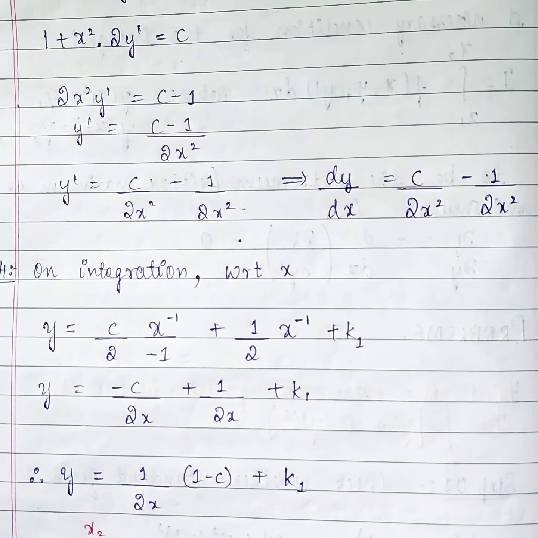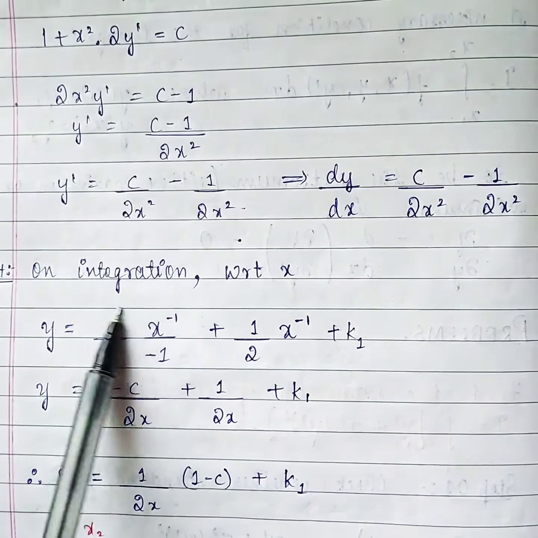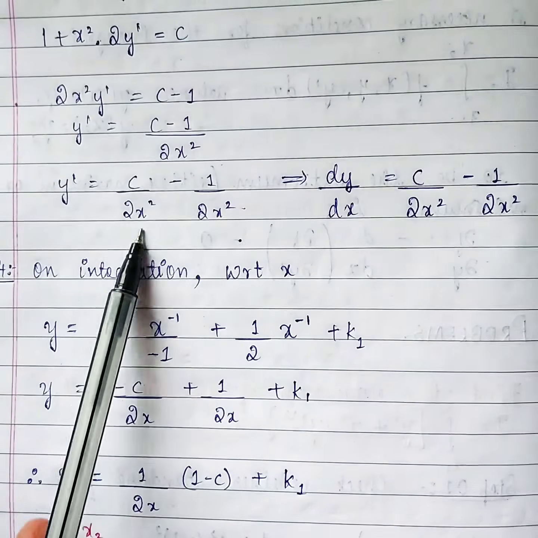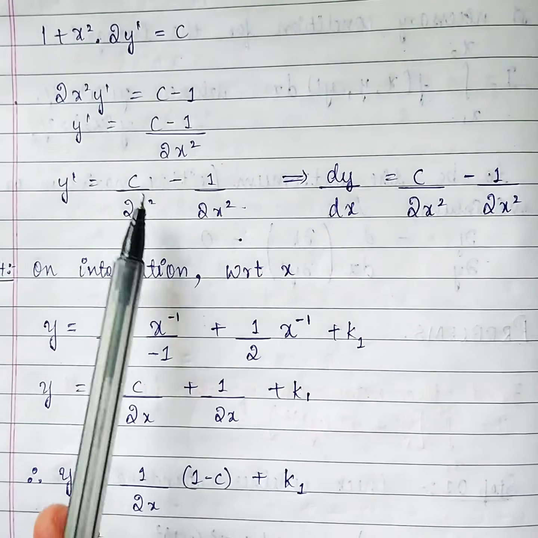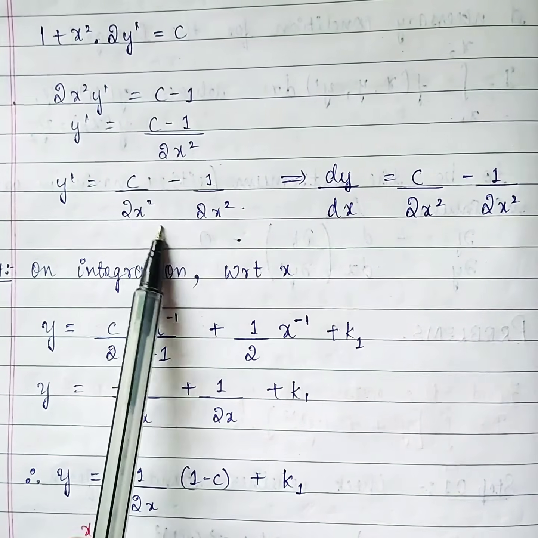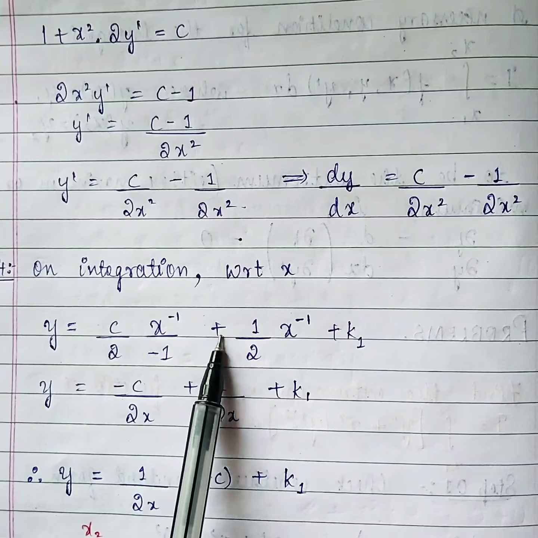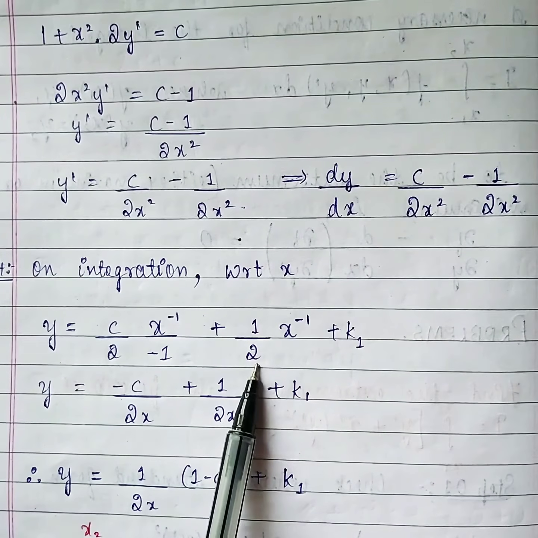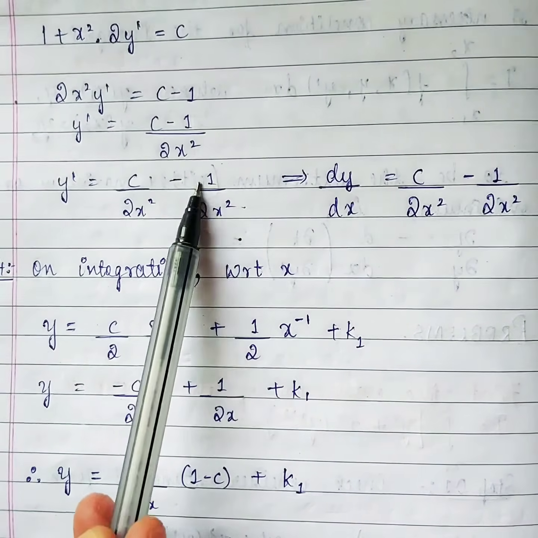Now we are going to integrate this to get y. See here, c by 2 is just a constant. X square, if it comes to the numerator, is x power minus 2. So x power minus 2 plus 1 by minus 2 plus 1. That is why we have written x power minus 1 by minus 1 plus 1 by 2 into x power minus 1 by minus 1.